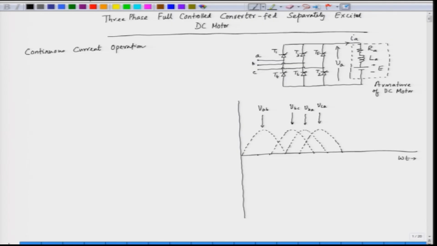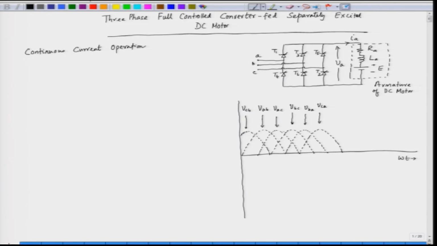Reverse of VBC is VCB, so we have VCB which is like this. And then we have the reverse of VCA, that is VAC. So, VAC is here.